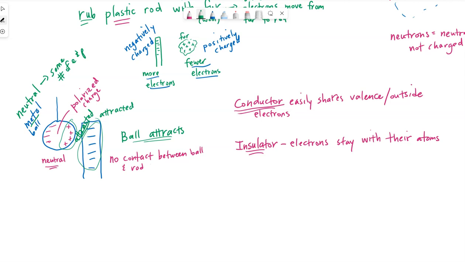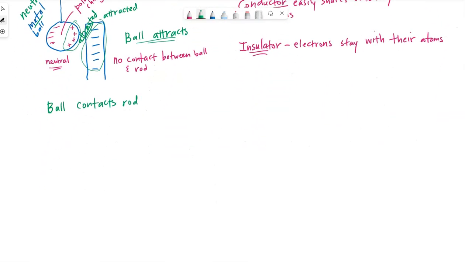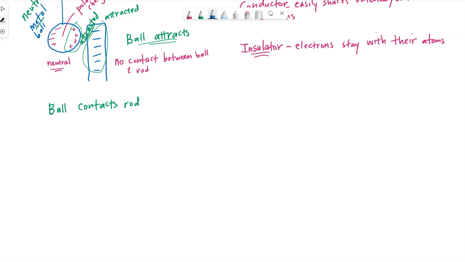So now, when the ball contacts the rod, so this ball is going to contact the rod. Now remember, I'm just going to draw the same number of protons and electrons here.